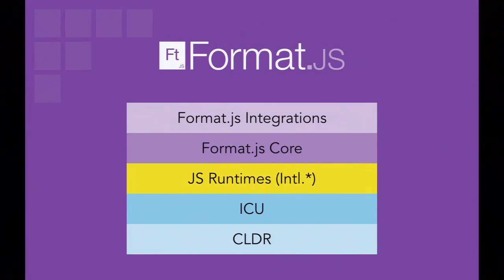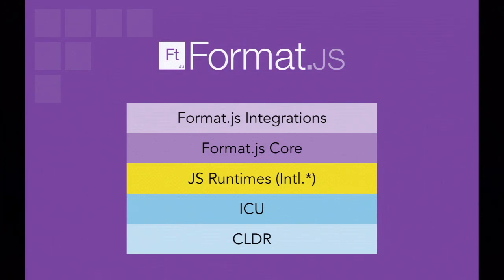Then we have ICU, which is a library mainly written for C, C++, and Java that uses the CLDR data to implement APIs for formatting things, parsing things, and all things internationalization. That's actually what the browsers use. That's what other programming languages use. There are bindings for PHP and different things. And that's what the JS Intl APIs are using under the hood.